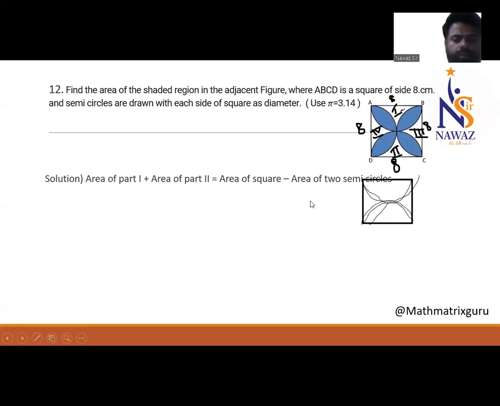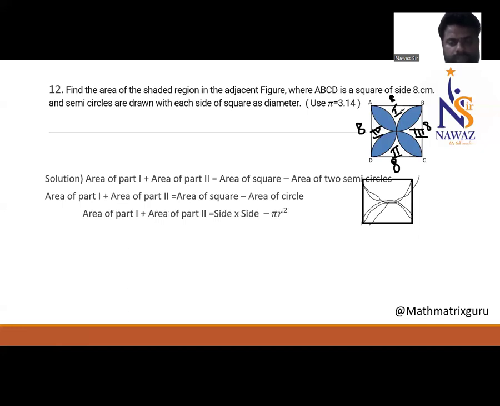So area of square minus area of two semicircles, which is again equal to area of square minus area of circle. Now here, area of square is side into side, and area of circle is pi r square.